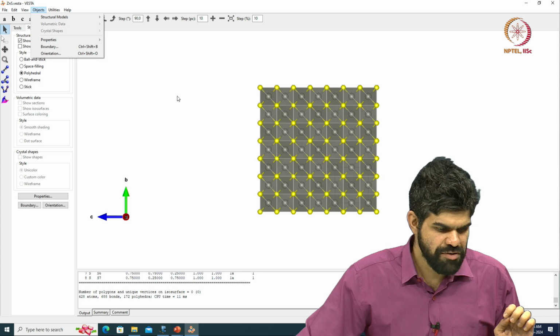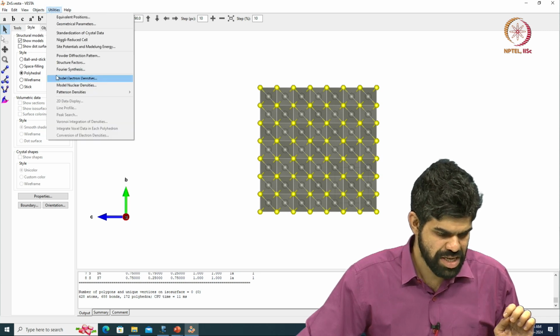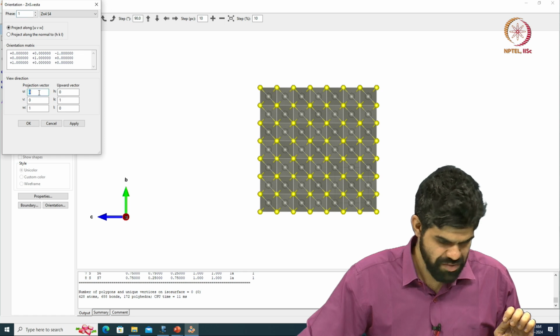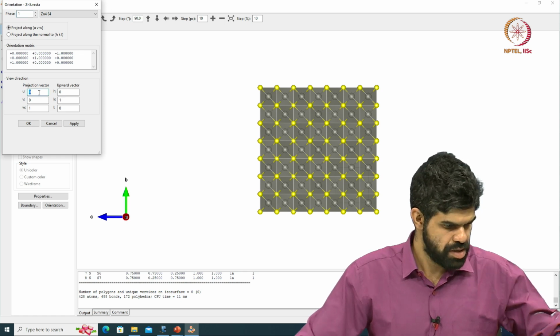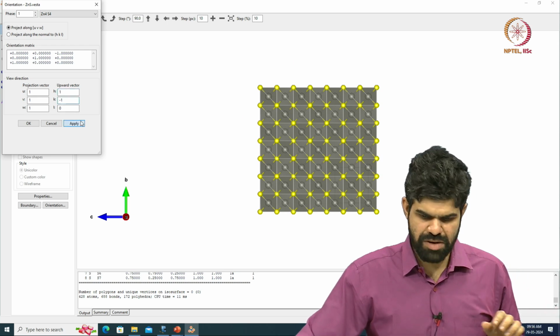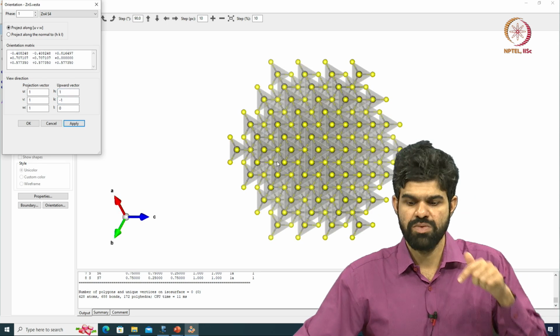And of course, if I orient this crystal about, let us say, 1 1 1, I am setting the projection vector to 1 1 1, and the upward vector. Projection vector means I am actually viewing the crystal along 1 1 1.